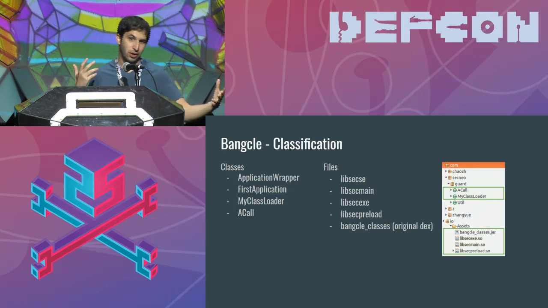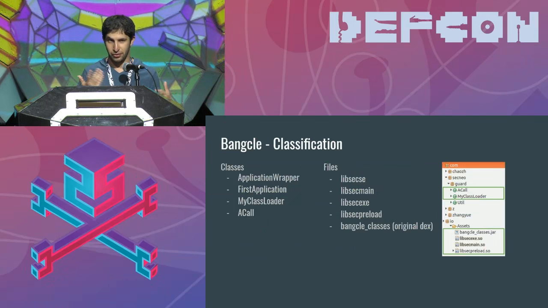So cool, now that we have a hypothesis of how a packer should work, we want to verify if it's really what we see in the field. So let's look at the first packer, Bangcle. Identifying Bangcle is very easy. It has various classes and files that show up in every app packed by Bangcle. One of them is the native packer, which is used to unpack an app, and the packed version of the DEX file, which is Bangcle classes.